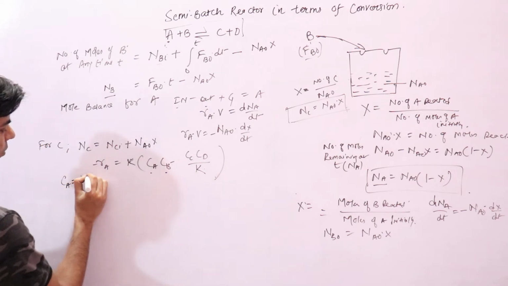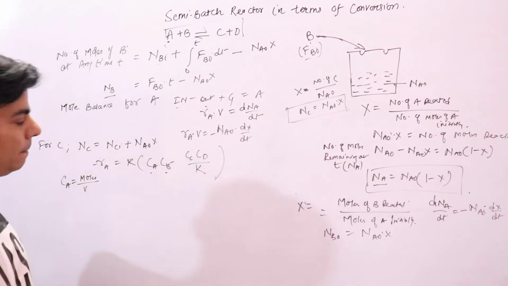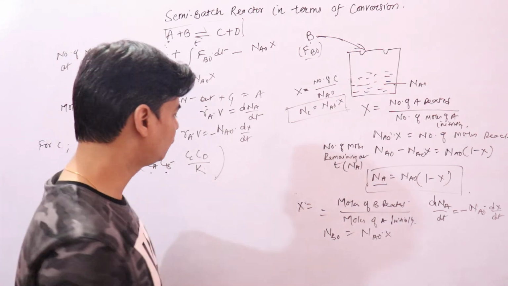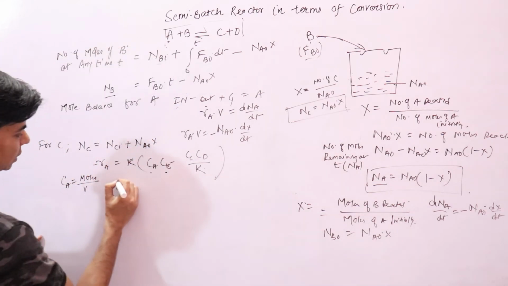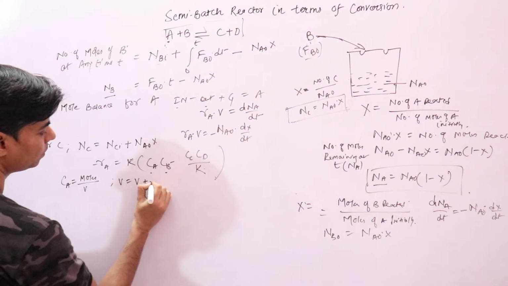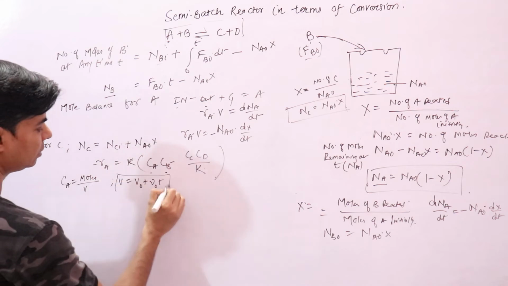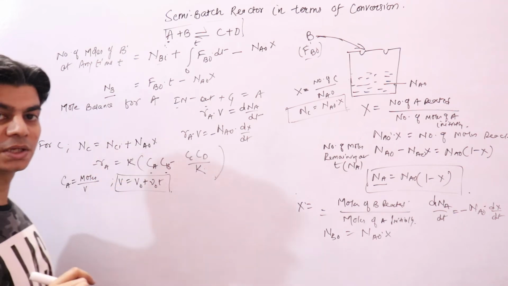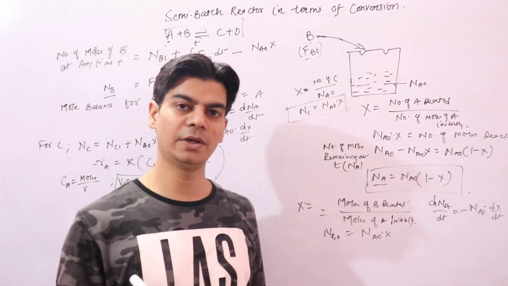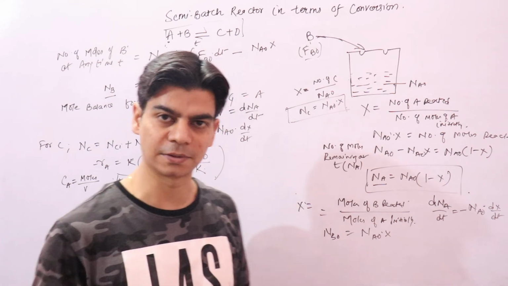Concentration is moles upon volume. Now if you remember, for volume we will be using V is equal to V0 plus nu 0 T. Nu 0 is the molar flow rate. This we calculated in the previous lecture, where we defined the semi-batch reactor equation in terms of concentration.